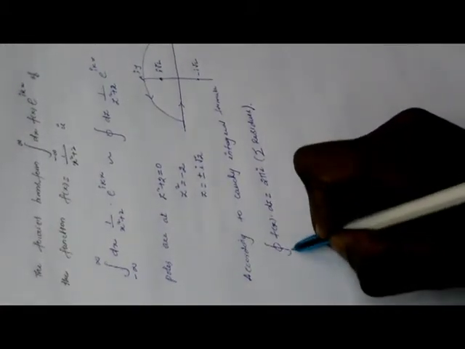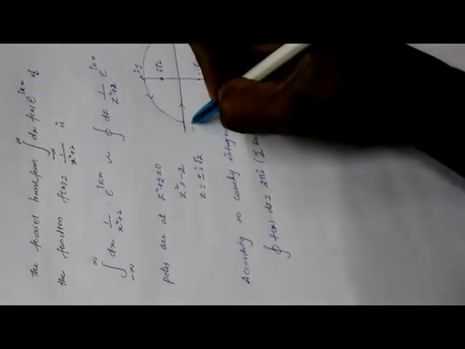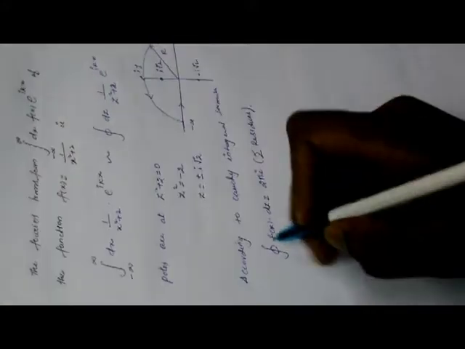So for the closed contour integral, we can take this limit as minus infinity, this limit as plus infinity, and the radius is bigger and always goes to infinity around the complex plane.